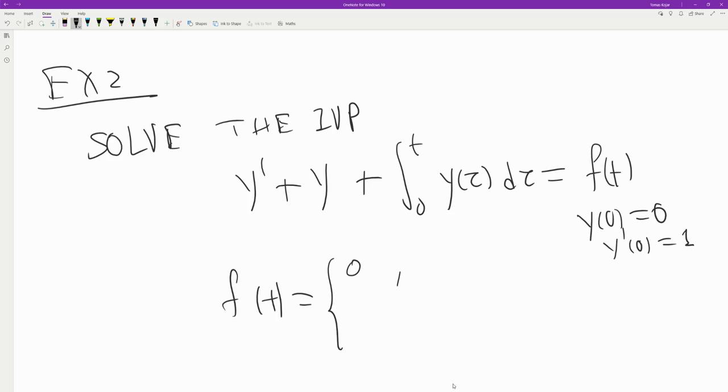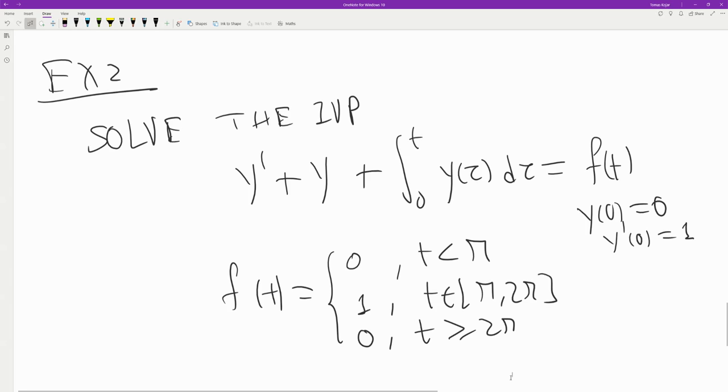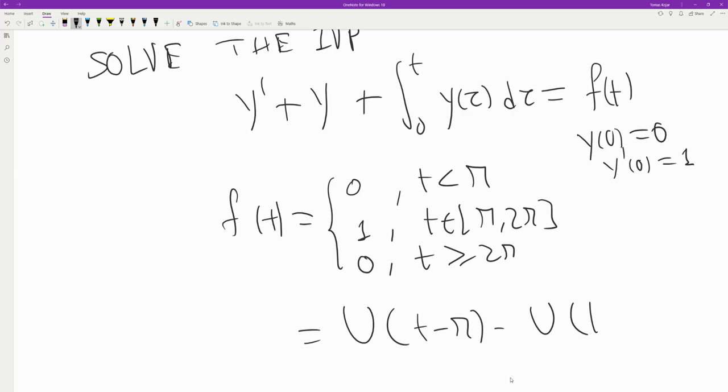It's 0 when t is less than pi, 1 in between, and 0 after. Right. So we've seen this example before, this forcing. It's the difference of these two step functions.